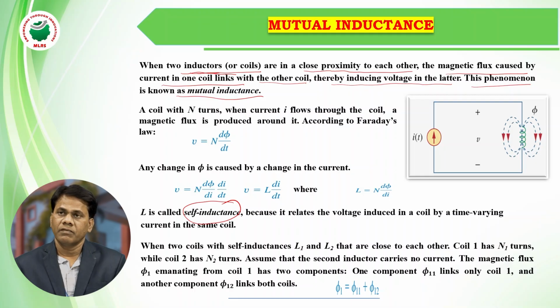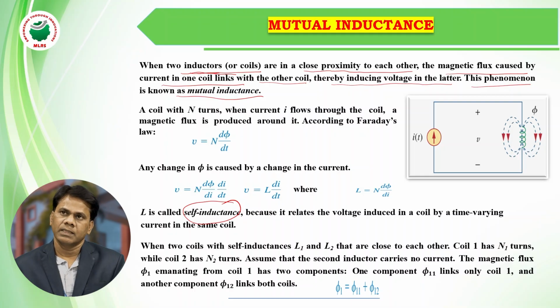But self-inductance is due to the current in a coil: the current produces flux, and the same flux links with the same coil. Whereas mutual inductance is due to the current in one coil producing EMF in a second coil.